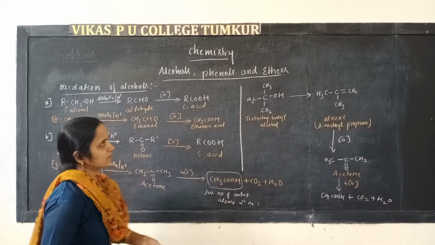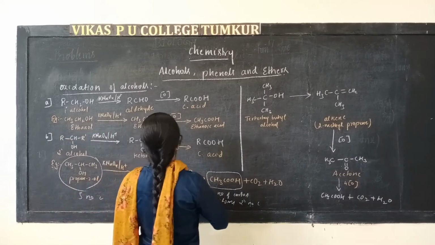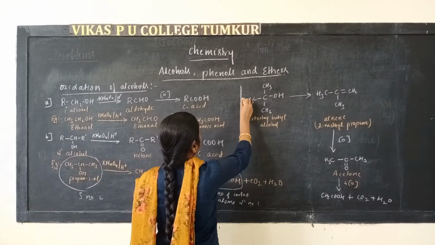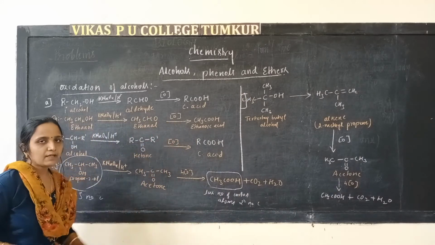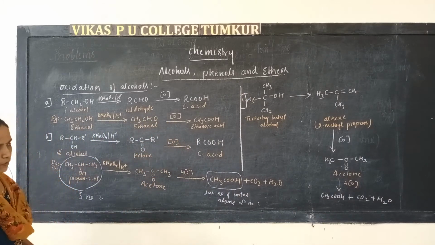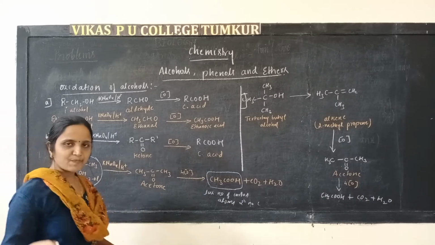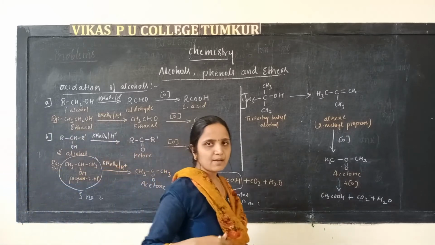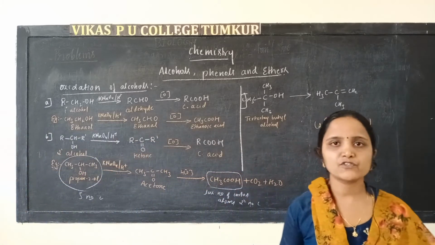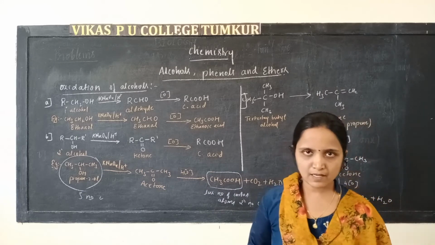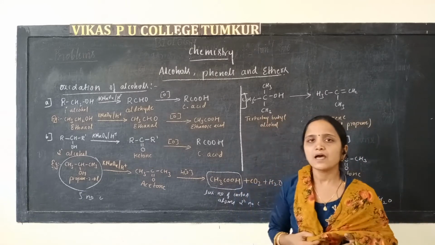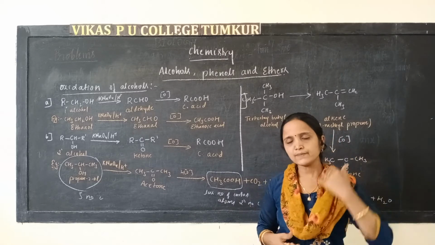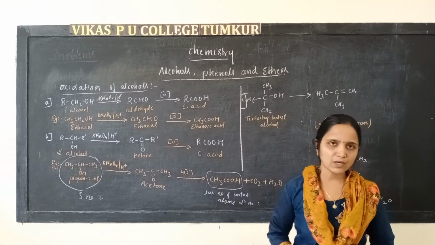This was about the tertiary alcohols. From the oxidation of these alcohols, we can differentiate the primary, secondary and tertiary alcohols. The primary alcohol undergoes oxidation in the presence of acidified KMnO4 solution, giving the aldehyde.